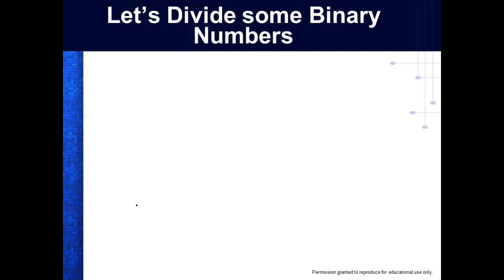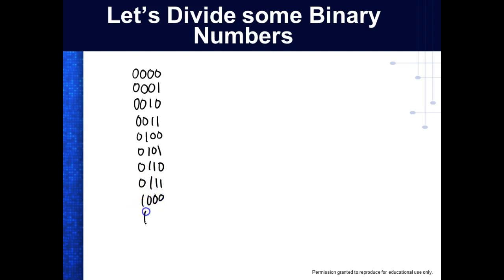So how many combinations can we represent with 4 bits of binary? 16. So that would be 1, 2, 3, 4, 5, 6, 7, 8, 9, 10, 11, 12, 13, 14, and I'm through.